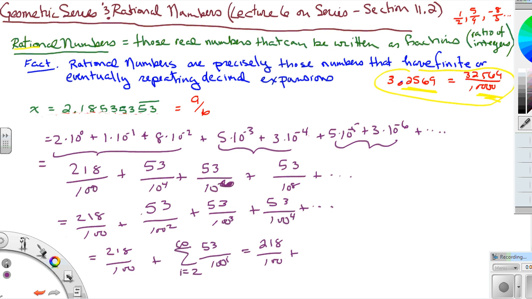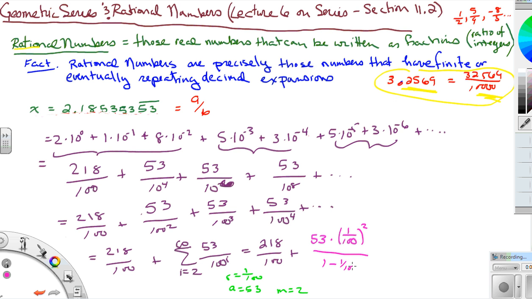Let's just write out, what's my r? r is 1/100th. a is 53, right? And m is 2. So this is going to be 53 times 1/100th squared, r squared, over 1 minus 1/100th.